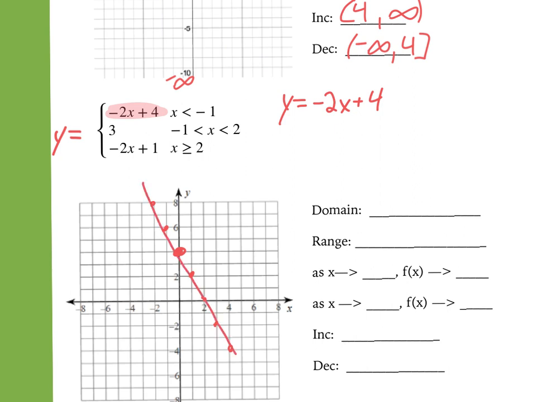And I know that I only need this line when x is less than negative 1. Okay, so if I go on my x-axis to where x is negative 1, do we all see this? So I don't need anything where x is greater than that line. So I'm going to go back and erase.